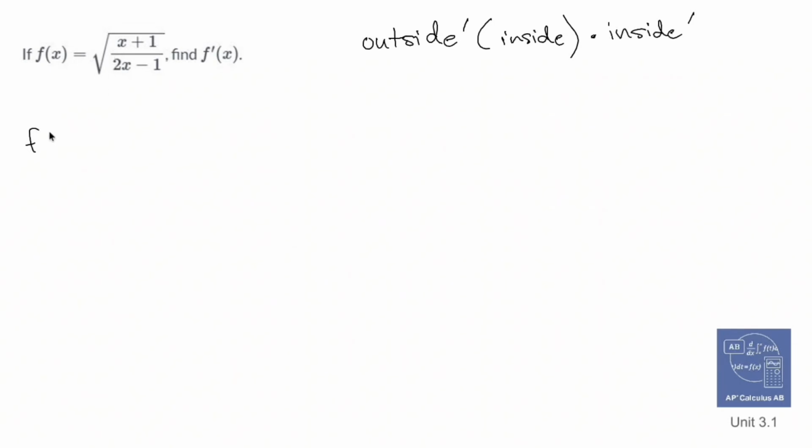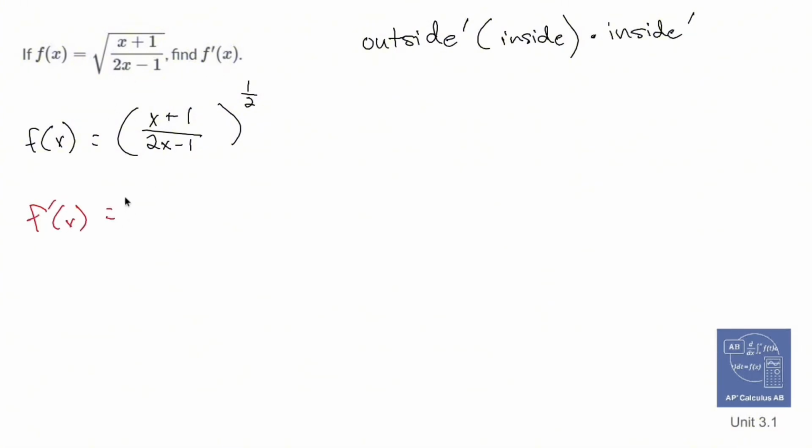Okay, so f of x is going to equal, in parentheses to the 1/2 instead of one big square root, of x plus 1 over 2x minus 1. Okay, now the derivative of the outside stuff is going to be power rule.